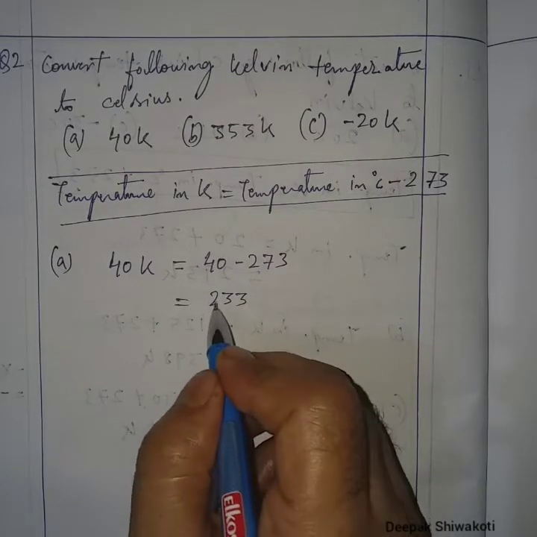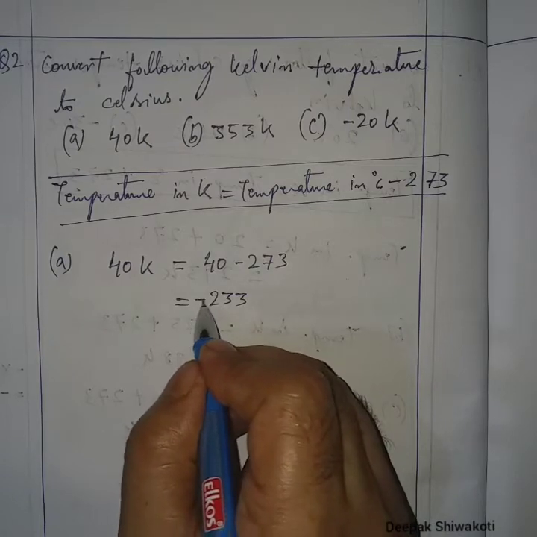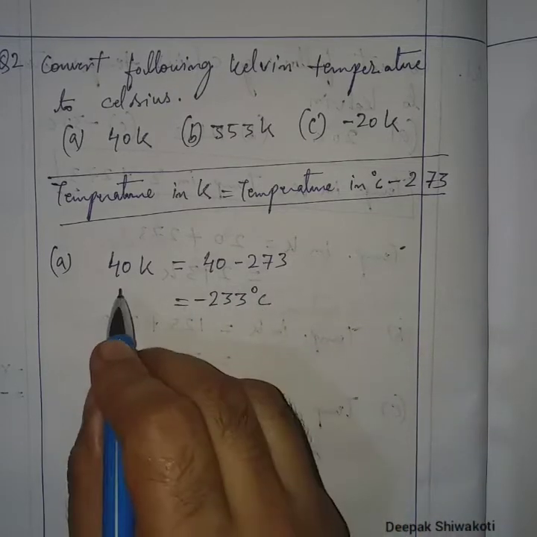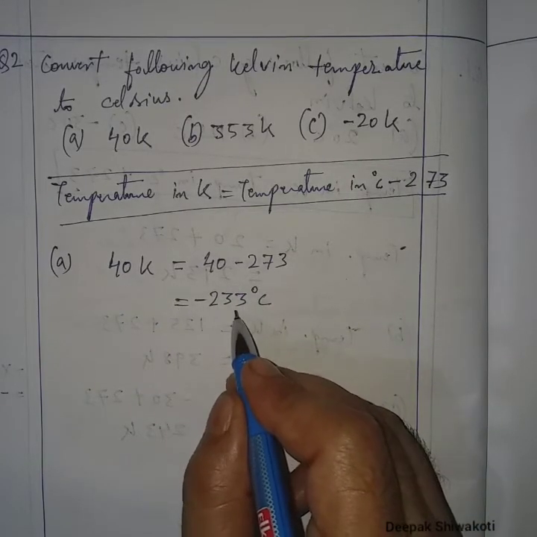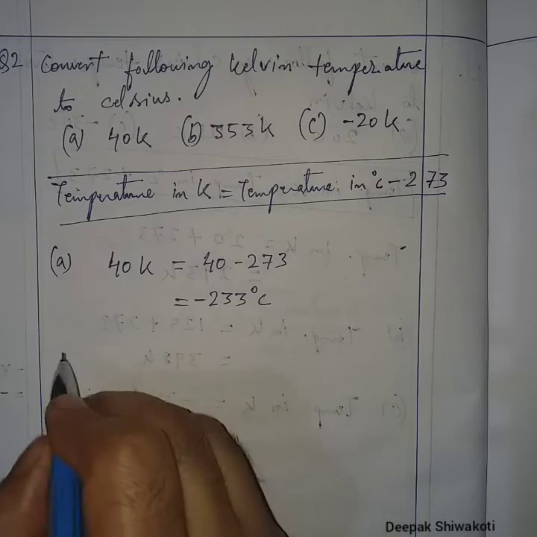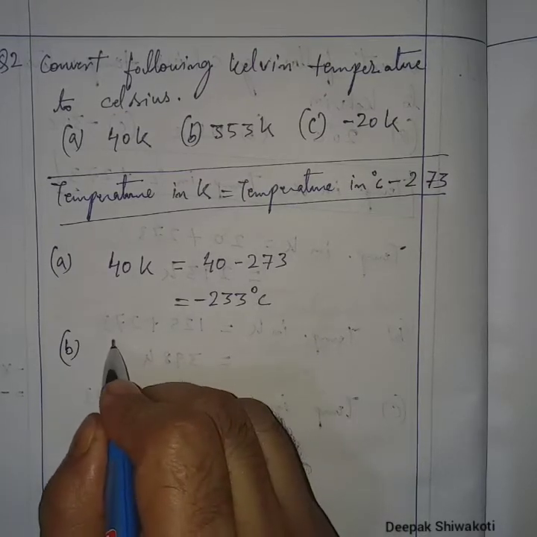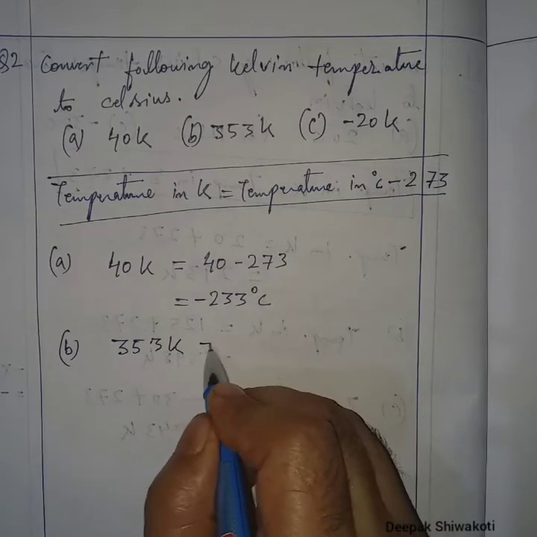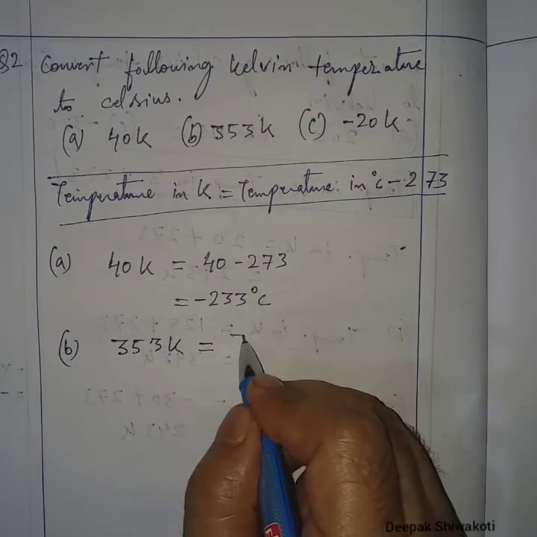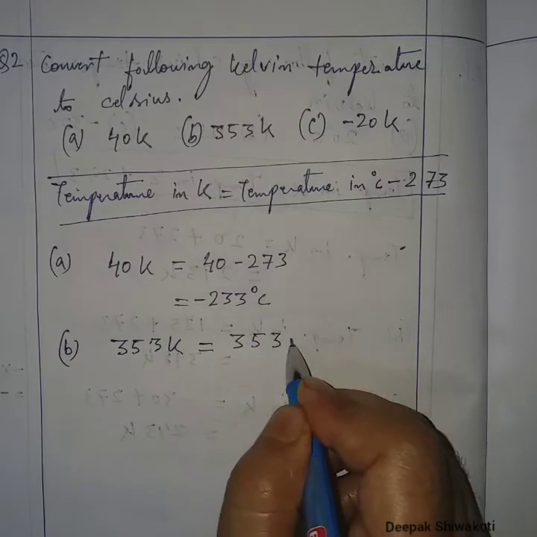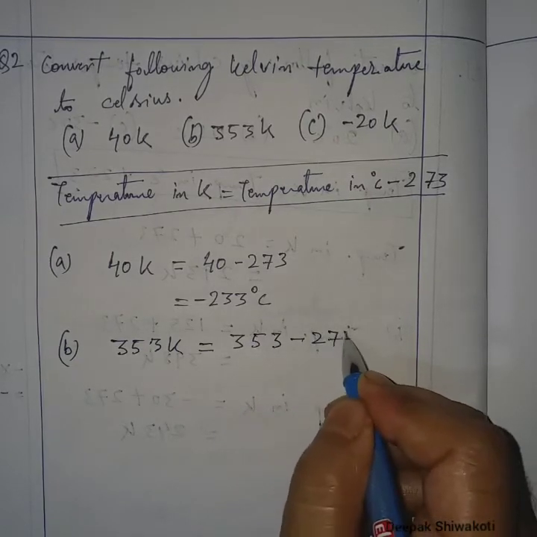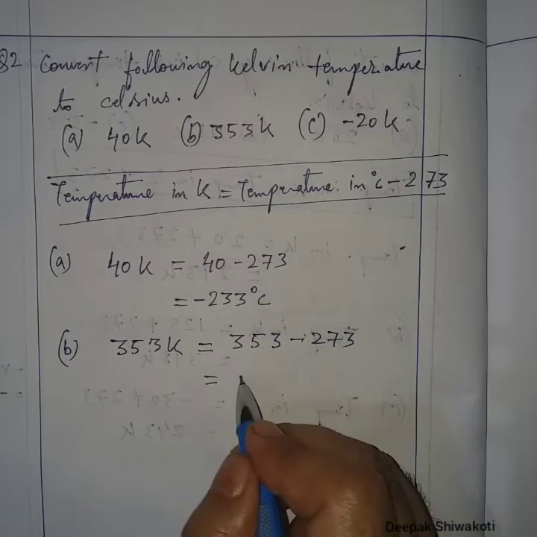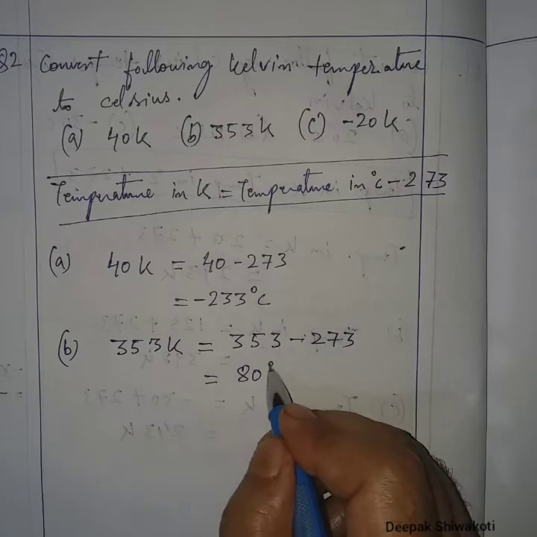The sign is minus, the bigger number's sign, and the unit is degree centigrade, that is 40 Kelvin is equal to minus 233 degree centigrade. Okay, B number, 353 Kelvin. To convert it into degree centigrade, we just subtract 273 from this, and we'll get 80 degree centigrade.